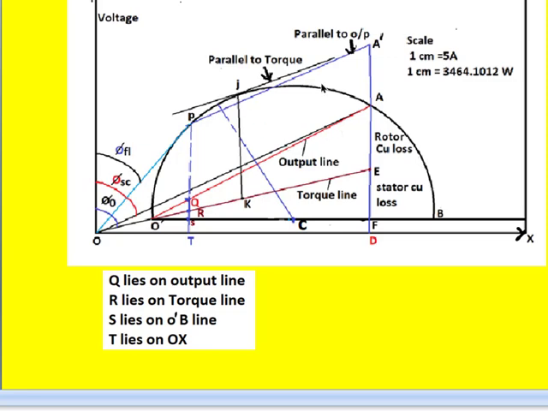Then from the tangent point, if you draw a parallel line to the Y axis so that it cuts the output line, the distance from the tangent point to the output line point represents the maximum power developed in the motor. Because that is not asked, that point is not shown in this diagram.